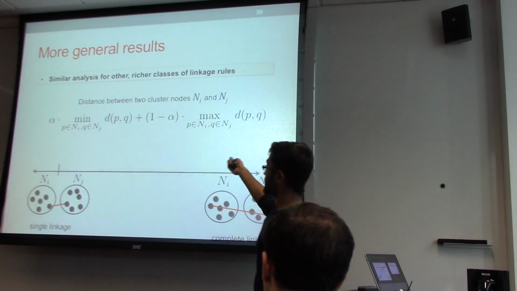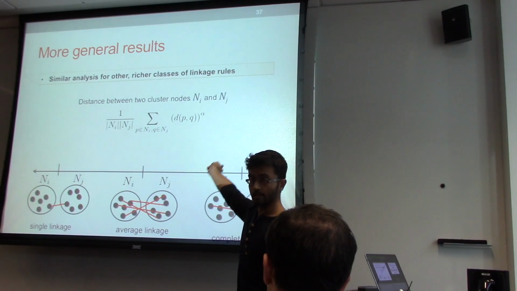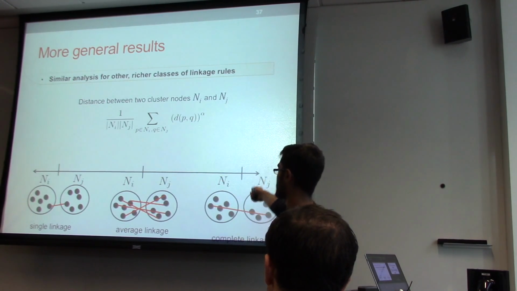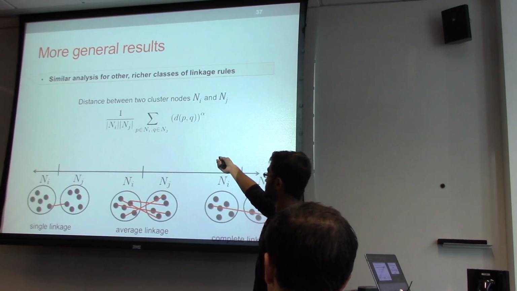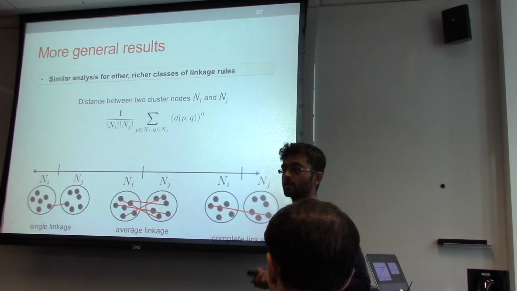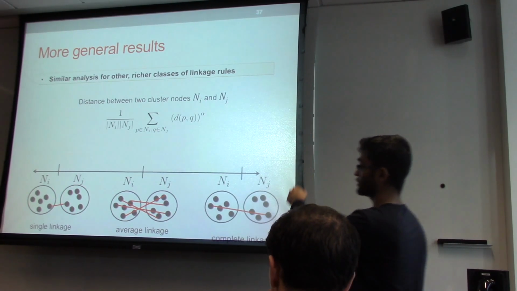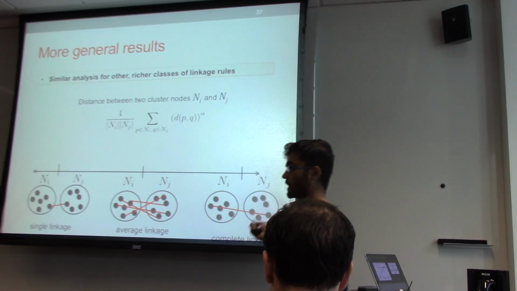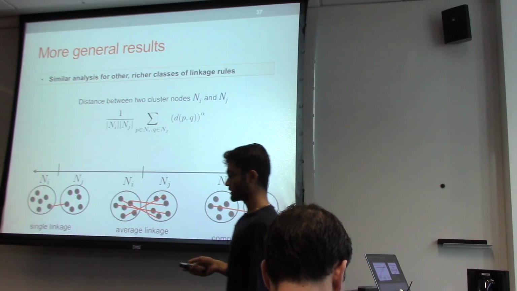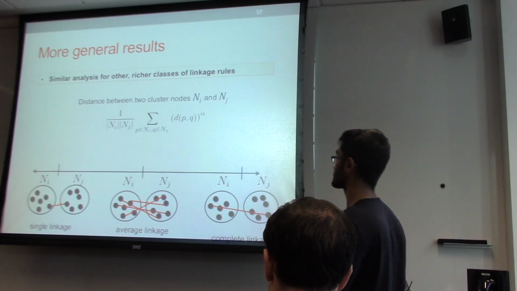So instead of this linear definition, we consider a much richer non-linear definition, and for alpha equals 1, it also interpolates through average linkage, because this definition considers every pairwise distance between the pair of clusters. And we show that the pseudo dimension for this class is theta of n, and it's not theta of log n, which is something that you expect because it's a much richer class of algorithms.